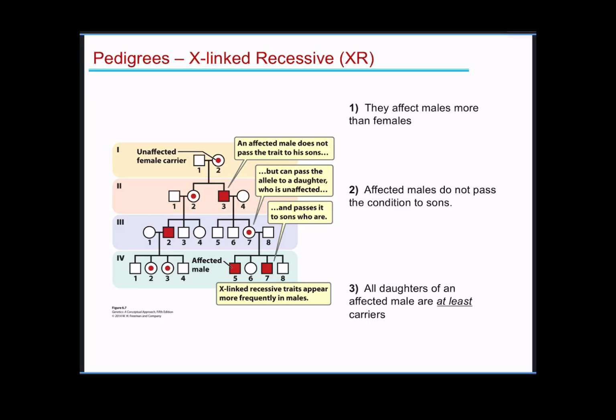All daughters of an affected male will inherit that 1 X chromosome from dad with the recessive allele. If mom passes an X with a recessive allele as well, they show the condition. If mom passes an X chromosome without a recessive allele in it, well, at least they're carriers. Did that make sense?